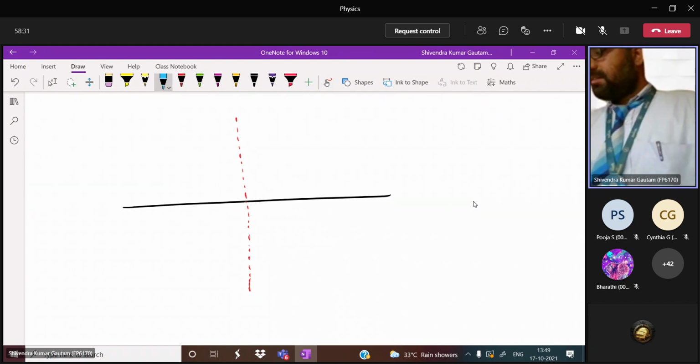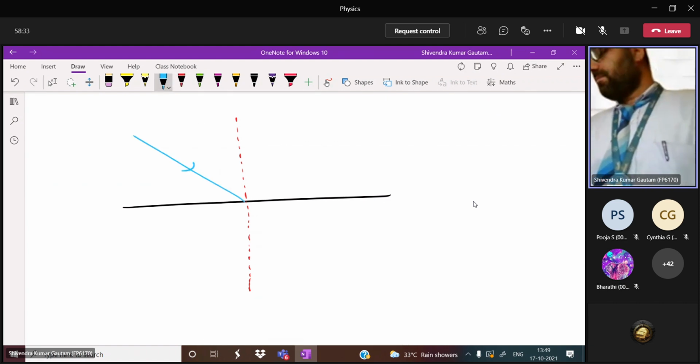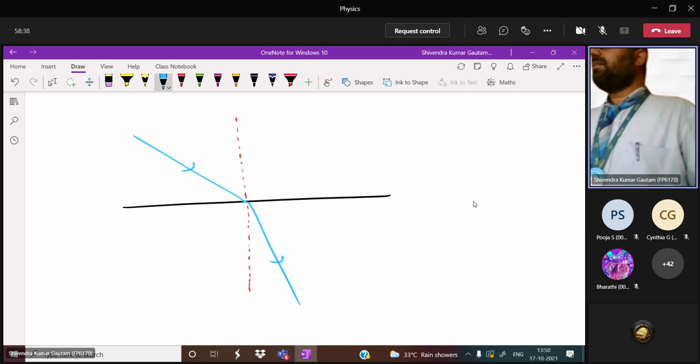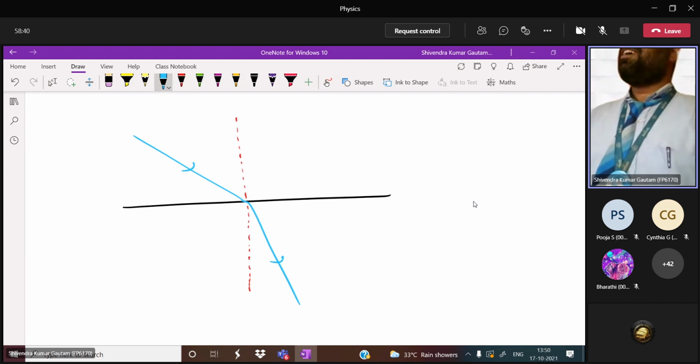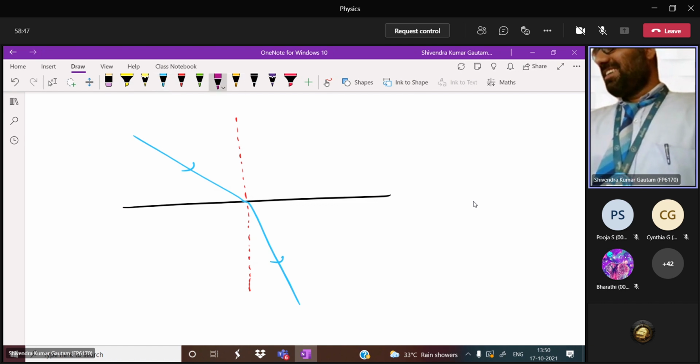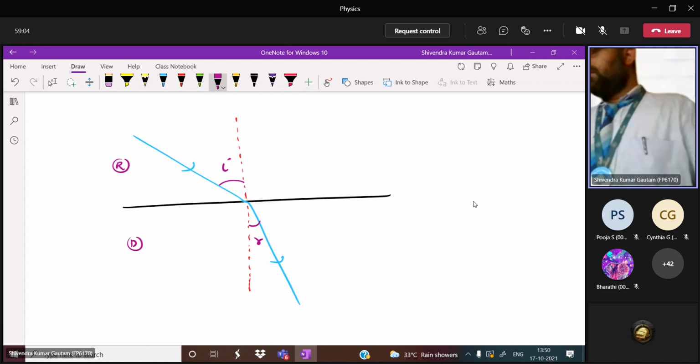This is the incident ray, and this is the refracted ray. This angle is I, and this angle is R. I am considering this the first medium, the rarer medium, and this the denser medium.